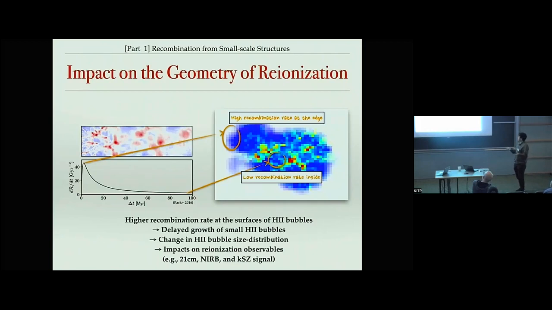So, for example, you can think of having higher recombination rate on average in smaller bubbles because they have higher surface to volume ratio, and then you can expect this will change the bubble size distribution in your reionization map, and basically that will then propagate to the reionization observables to be measured by future surveys.